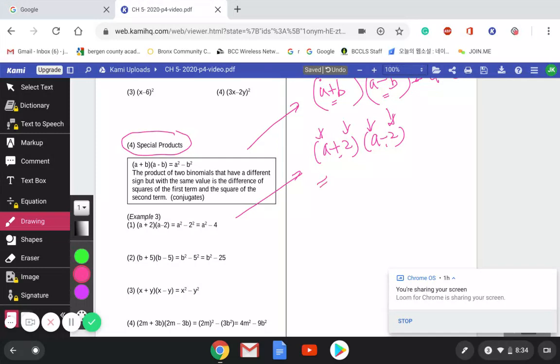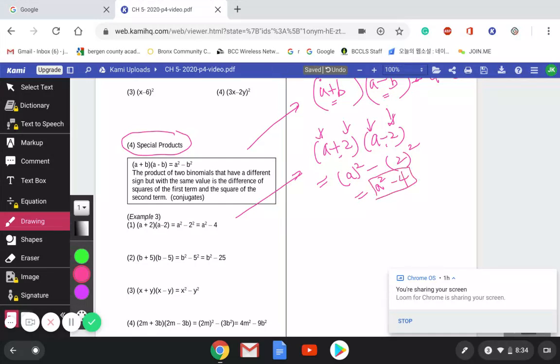Then it's always the same as the first one squared minus second one squared. But what's the first one? a. What is the second one? The second term, 2. So if I simplify further, it's a squared minus 4.